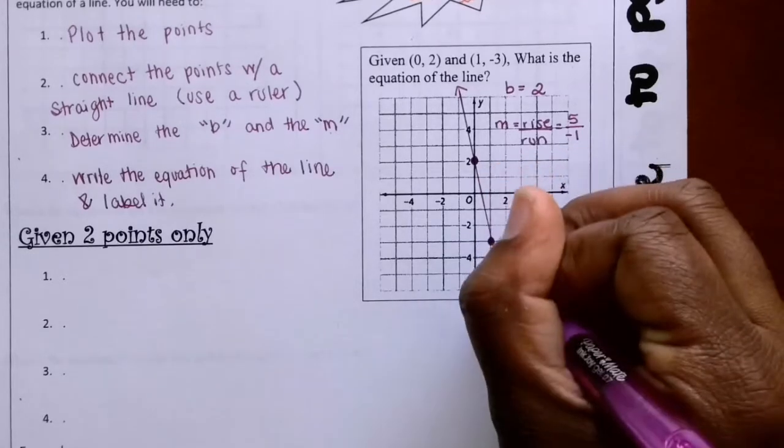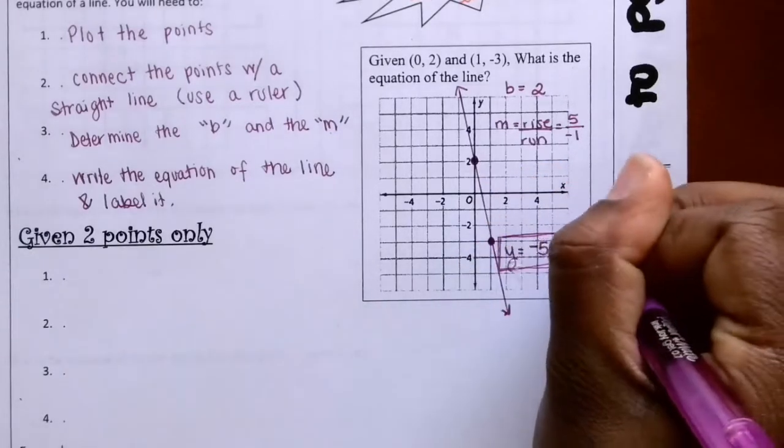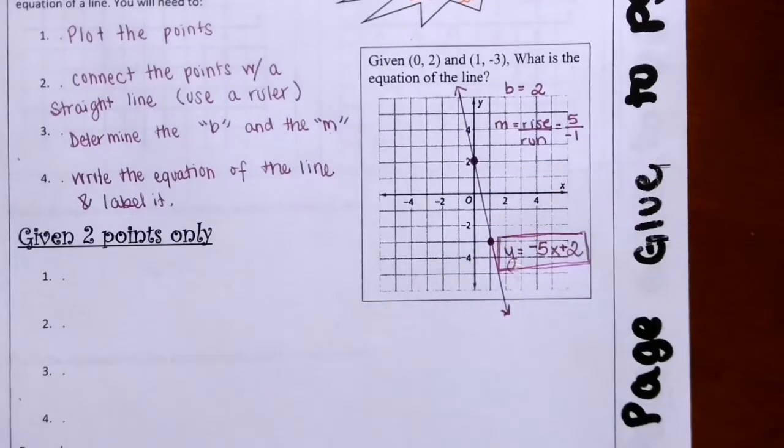So the equation of this line is y equals -5x plus 2. Notice that I've written the equation near the line because this is considered as labeling the line with my equation. As a pleasant reminder, please ensure that your notes look exactly like my notes, and then we can move on to the next section.